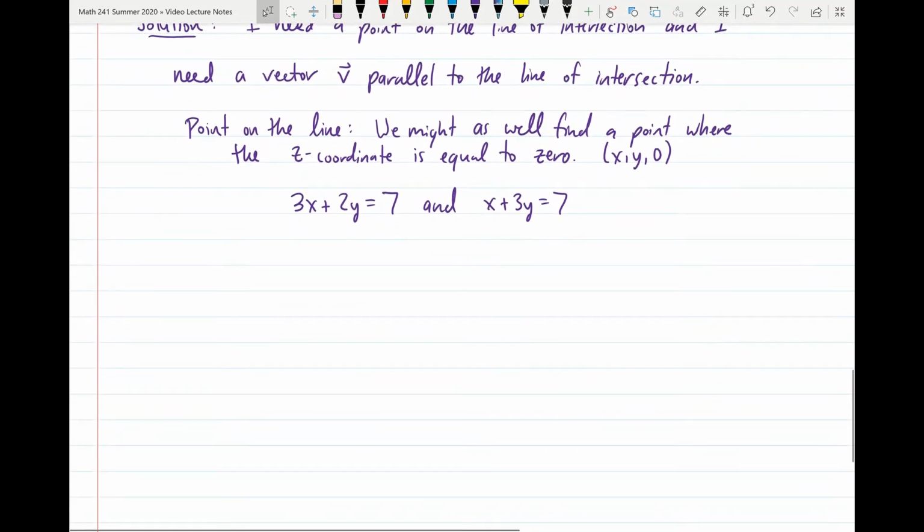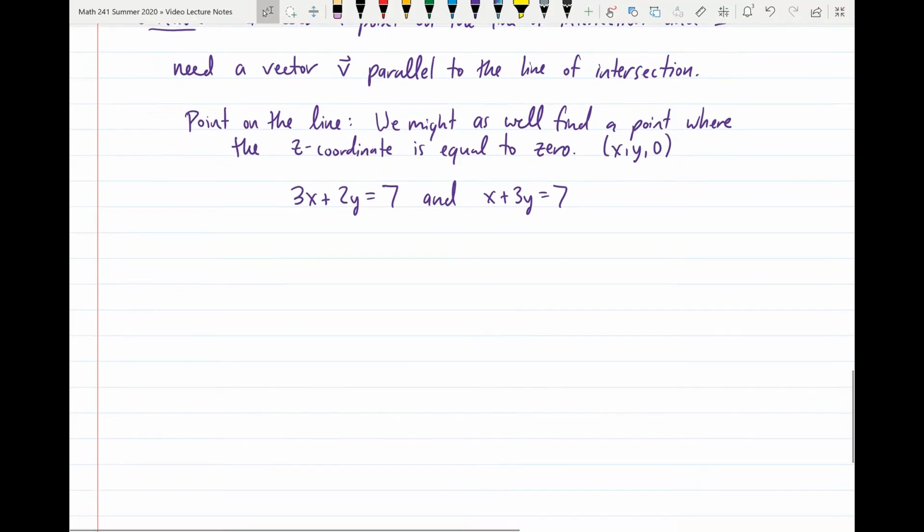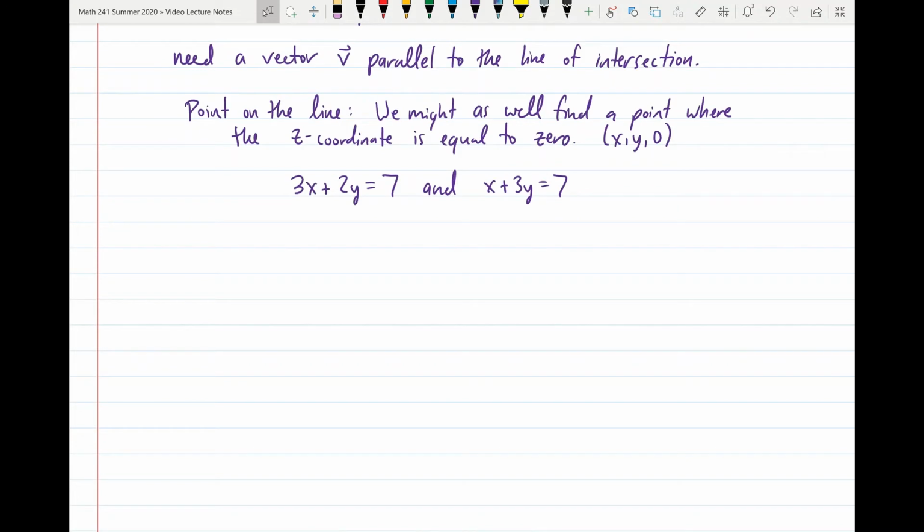And once we do so, then we have a point that's going to be on the line of intersection. So it looks like we can multiply the second equation here by 3 and then do some cancellation. So 3 times x plus 3y is equal to 3 times 7. That gives us 3x plus 9y is equal to 21.